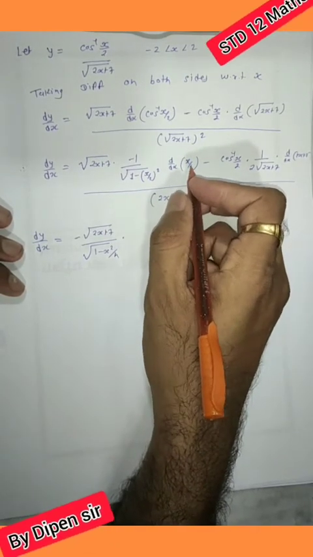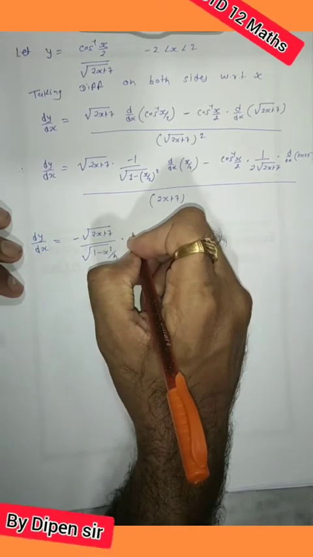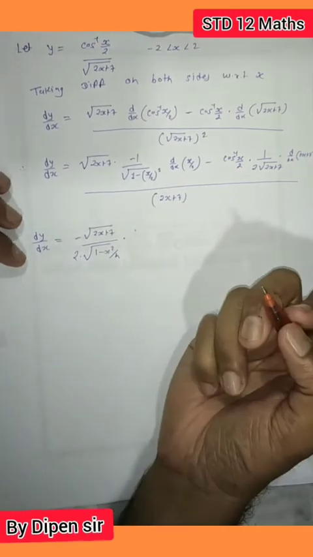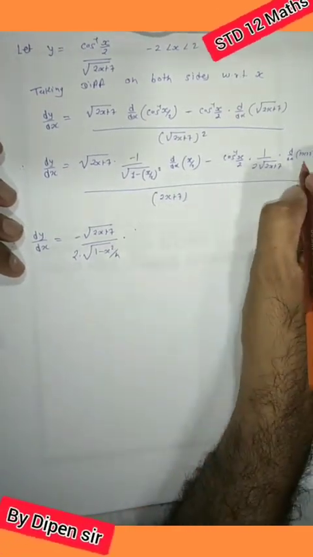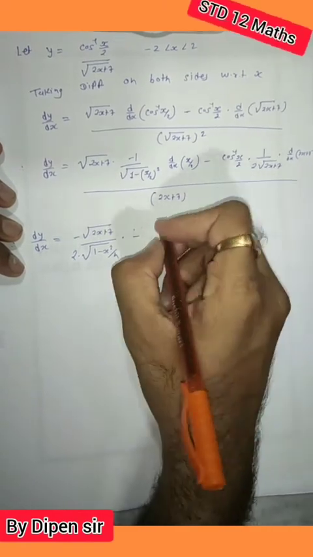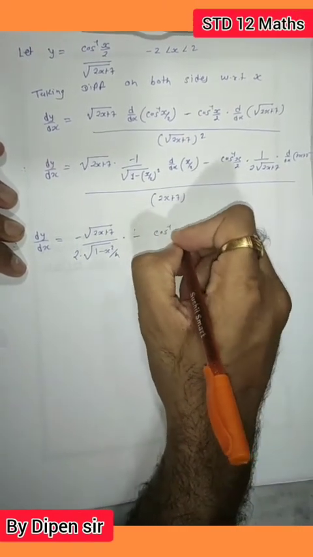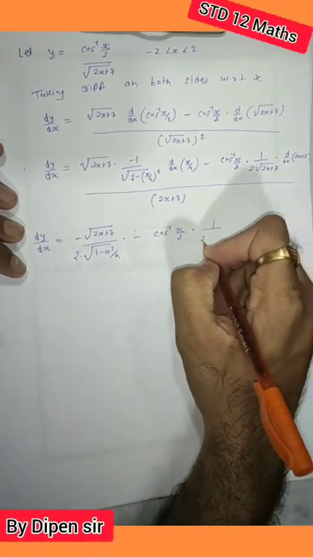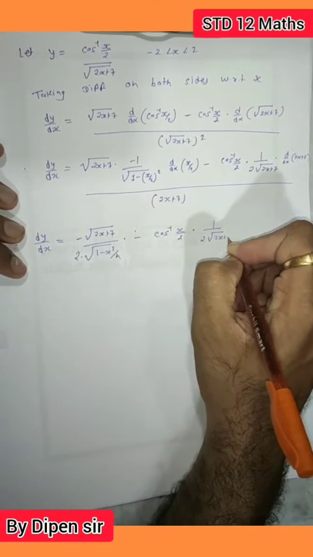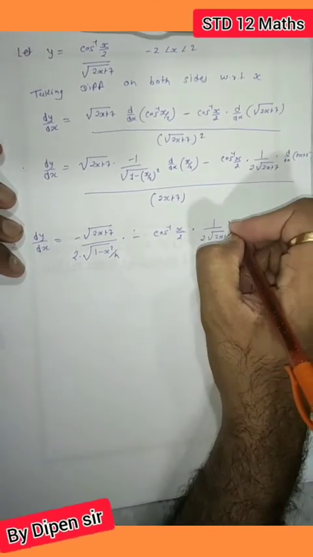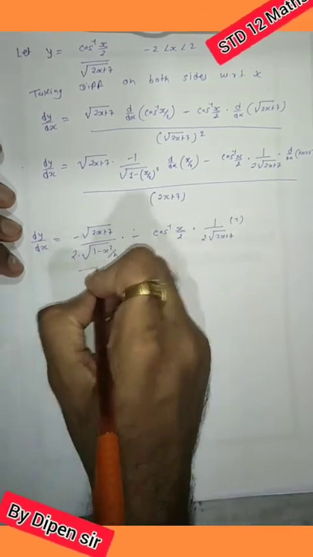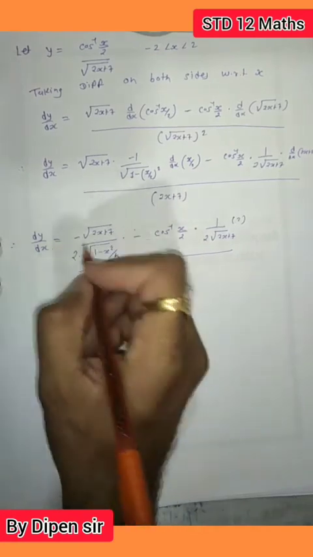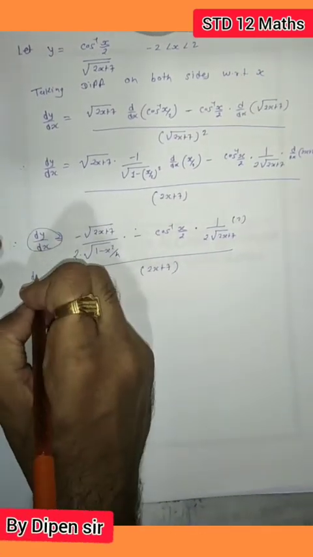So 1 by 2 is common and the differentiation of x is 1, so it's 1 by 2, writing this 2 with this root 1 minus x square. Now again this minus cos inverse x by 2 into 1 upon 2 root 2x plus 7. The differentiation of 2x plus 7 is 2, whole divided by 2x plus 7. Then this is our dy by dx.